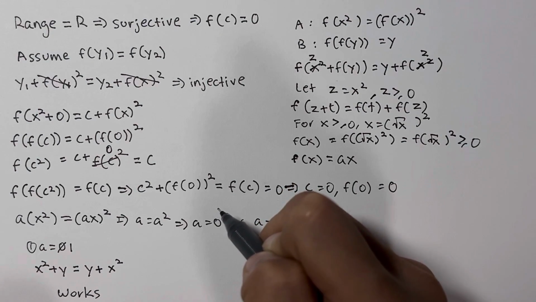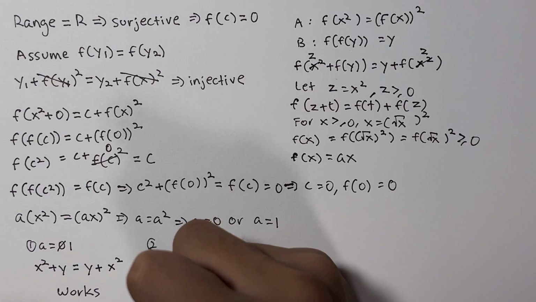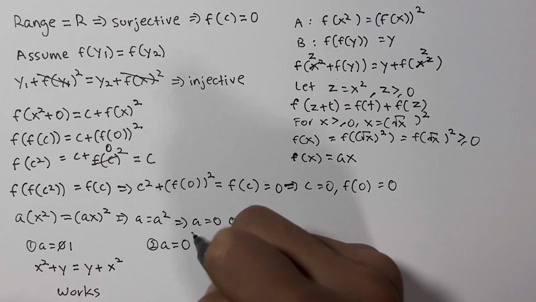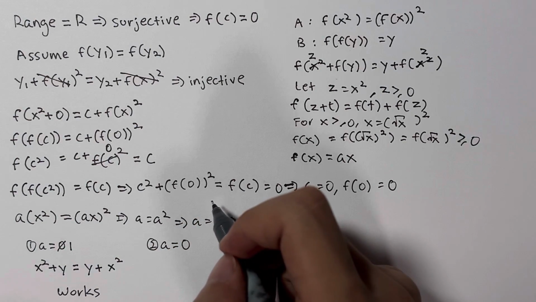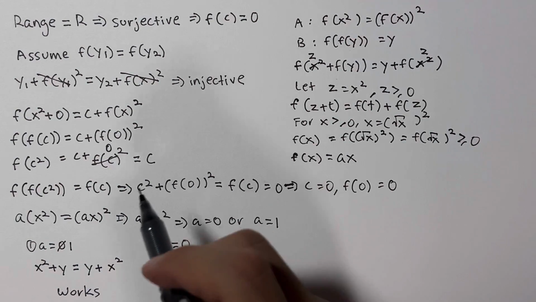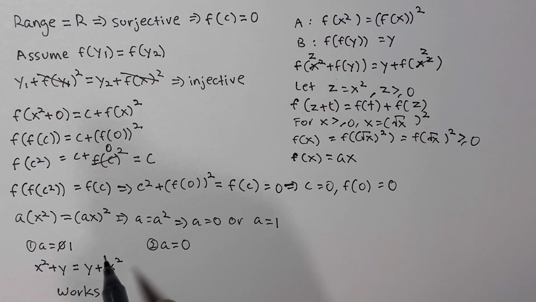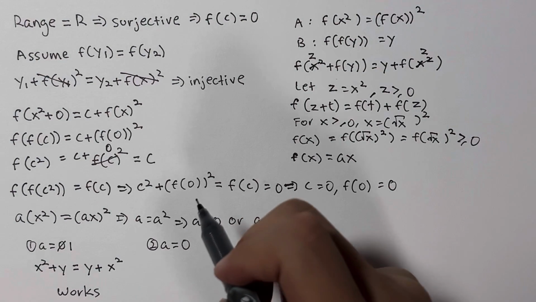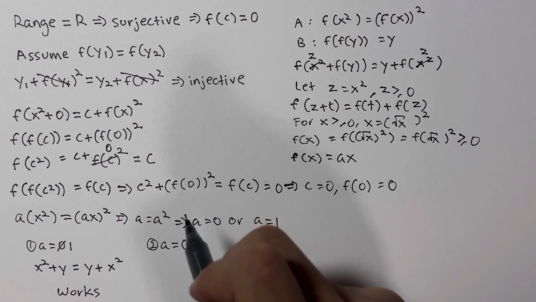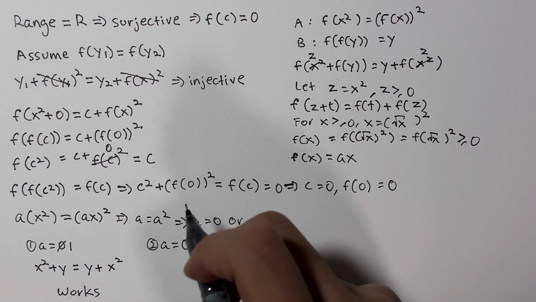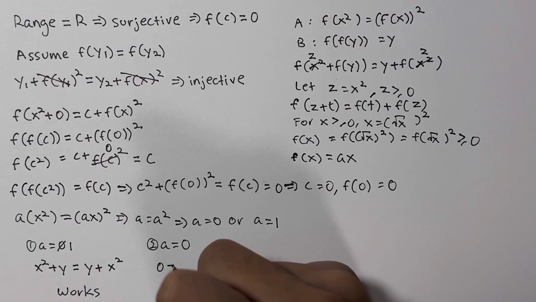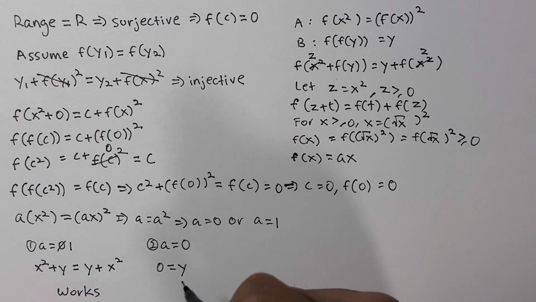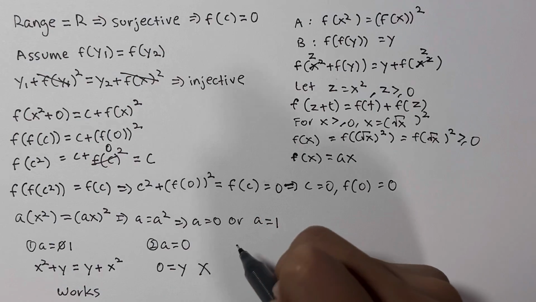However, for a equals 0, f(x) equals 0 for all x, while for a equals 1, f(x) equals x. In the case a equals 0, the right-hand side and the left-hand side are not equal because we would have 0 equals y, which is not true for all y, so this does not work.